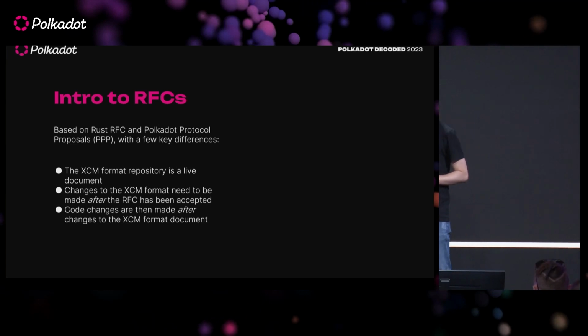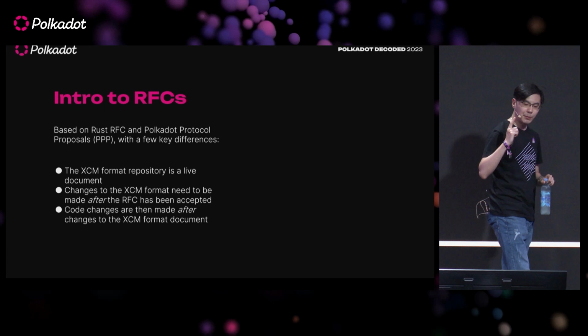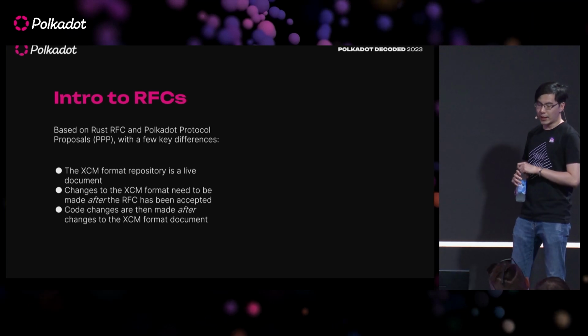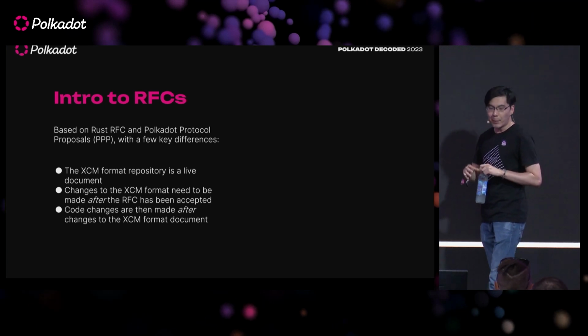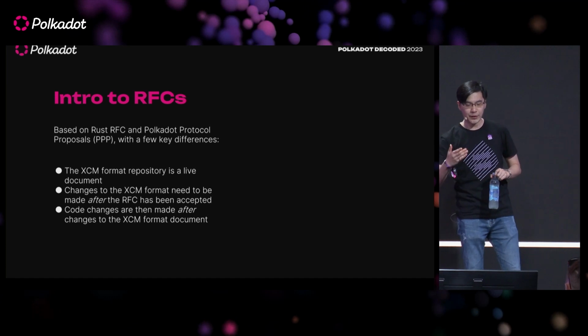That's difference number one. Difference number two, changes to the XCM format need to be made after the RFC has been accepted. This is also an artifact of why we're adopting the RFC process.